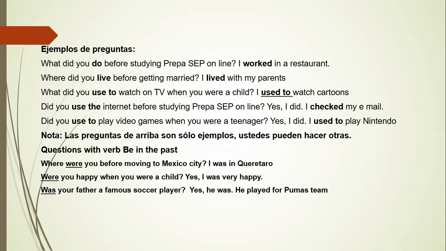For example, look at this. Remember, you can also make questions with verb be. You can do WH questions like, where were you before moving to Mexico City? Or yes, no question with the verb be. Remember that the verb be also functions as an auxiliary. So these are some examples of questions that you can do with verb be.